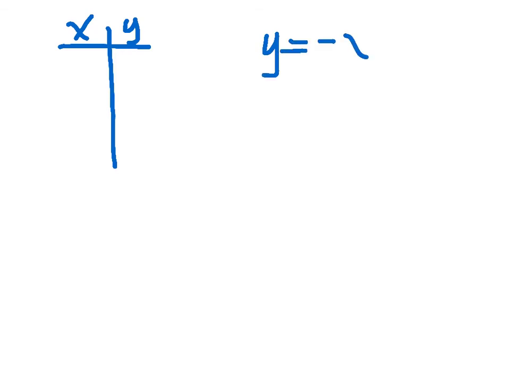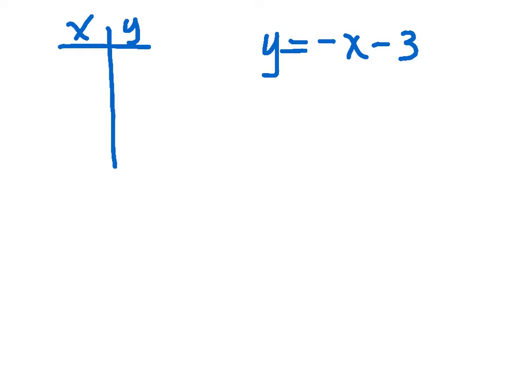Your first function machine looks like this, the first one on page 7.5. We have x and we have y. The equation is y equals the opposite of x, minus 3. You might want to include the negative 1 here for that.